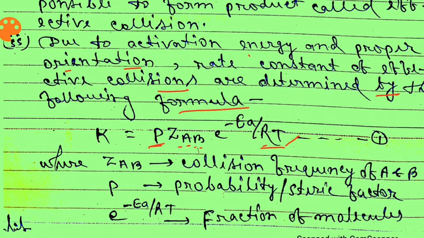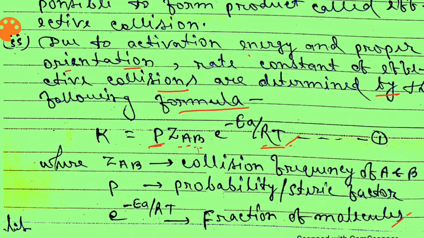No problem in it. And the term e to the power minus Ea by RT together is known as the fraction of molecules, because the fraction of molecules either increases or decreases during the chemical reaction. So according to collision theory, K is equal to P Z_AB e to the power minus Ea by RT. It clearly indicates that collisions are essential for chemical reactions to occur.